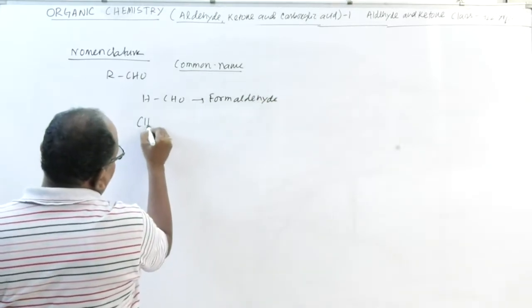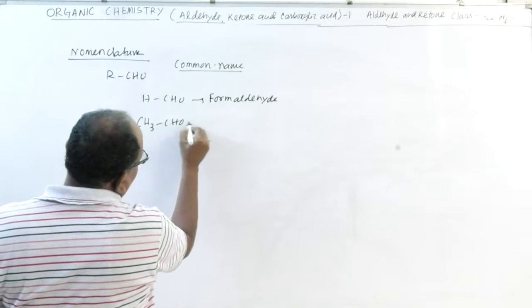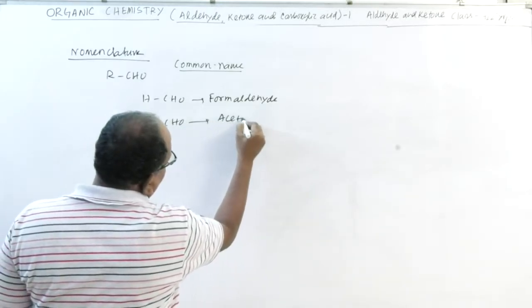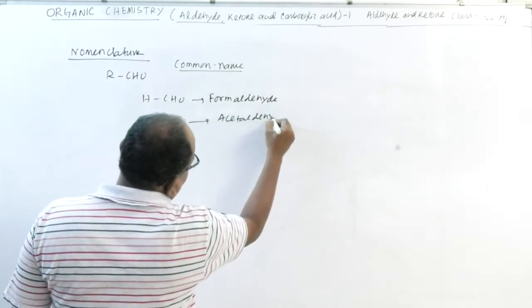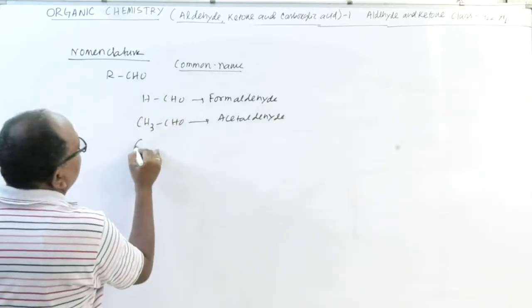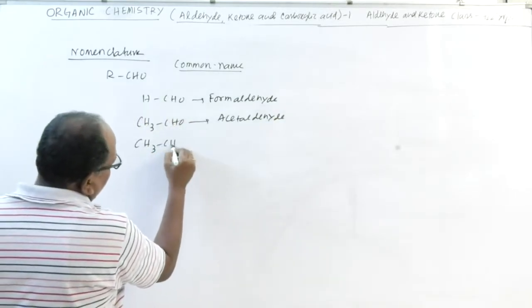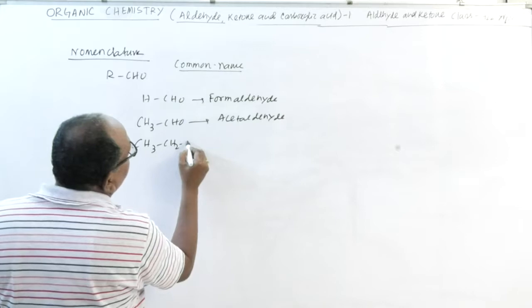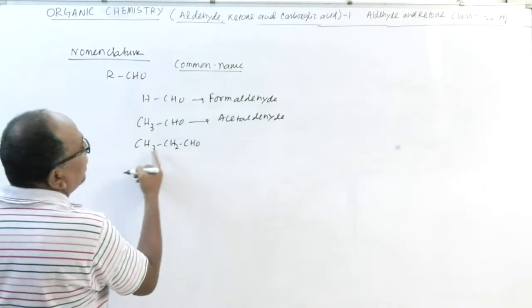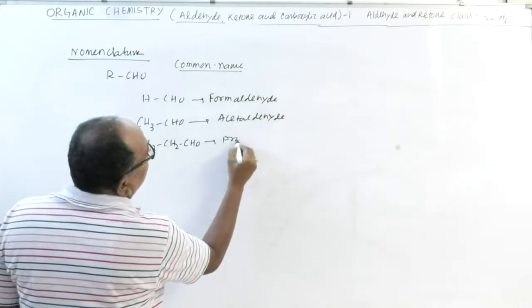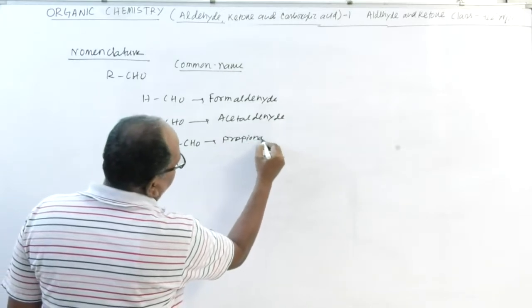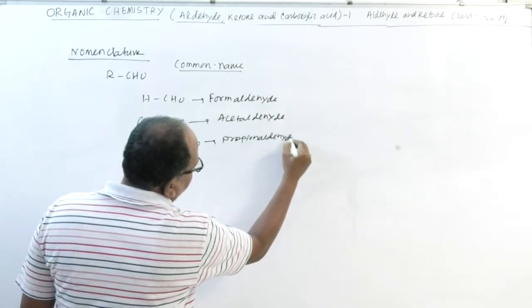And this is CH3CHO, called acetaldehyde. CH3CH2CHO, how many carbons? Three carbons. This is called propionaldehyde.